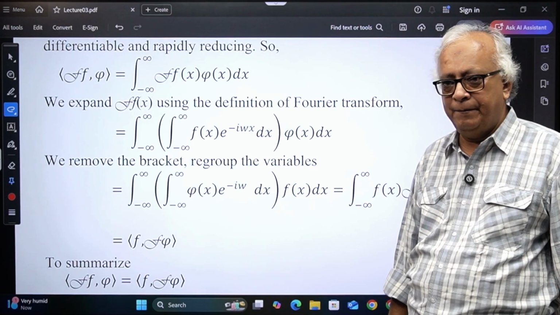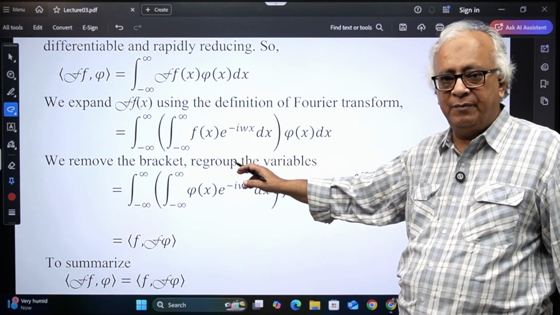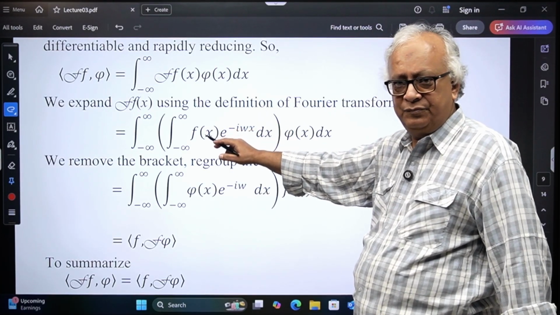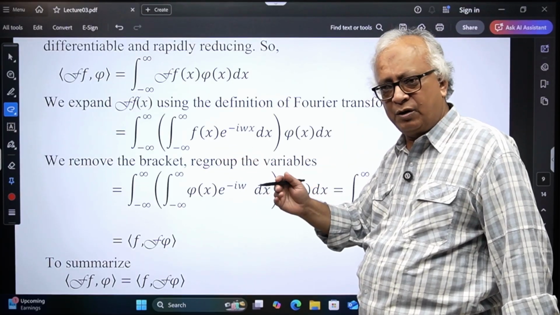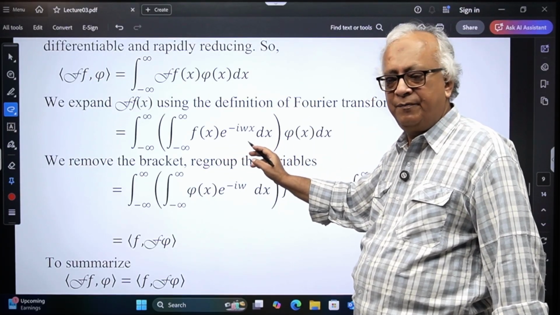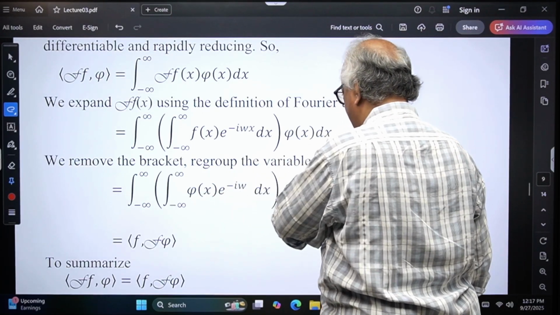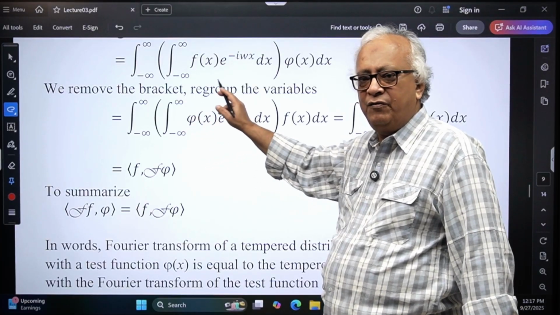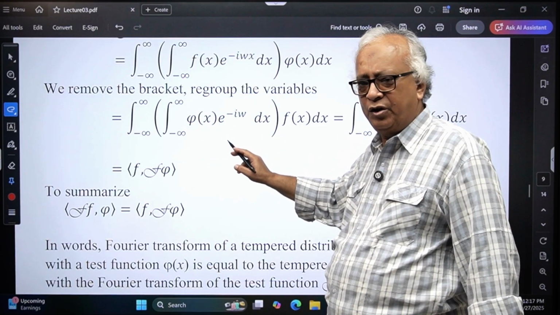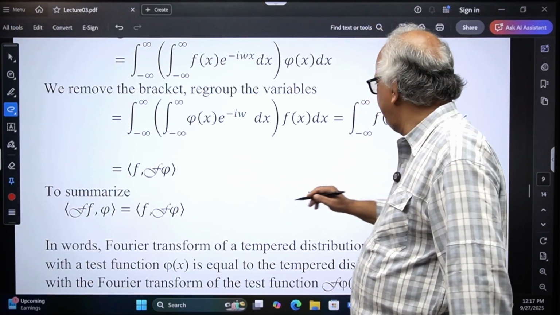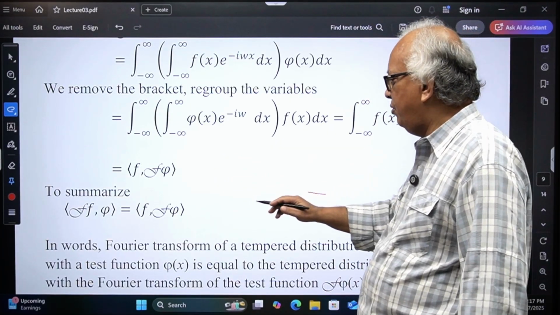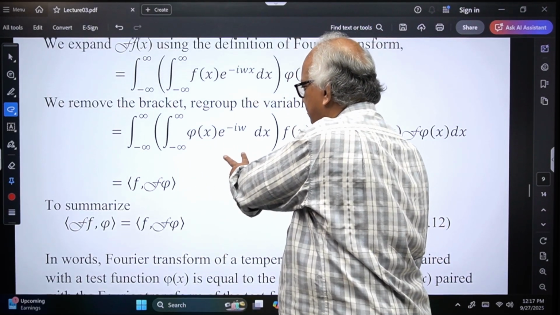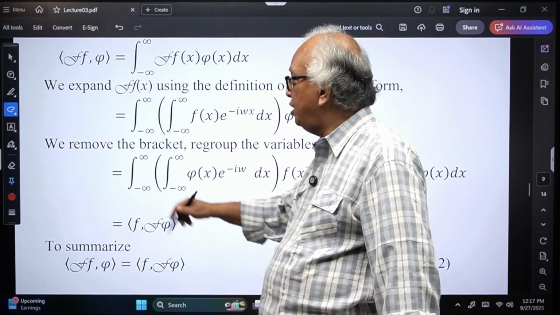নতুন কিছুই কিন্তু আমি আনি নাই, Fourier transform এর ডেফিনেশন ঢুকে দিলাম। এখন আমি কি করব, f x টা বাইরে নিয়ে যাব, phi x টা ভিতরে ঢুকিয়ে দেব। ইন্টিগ্রেশন দুটা করতে পারবো, এই জন্য দুটো x এর উপর ইন্টিগ্রেশন। দেয়ারফর phi x ভিতরে f x বাইরে। এবং যদি খেয়াল করো ভিতরটা কিন্তু Fourier transform of phi x। সো আমি এটাকে এভাবে লিখব, f paired with Fourier transform of phi. আরম্ভ করেছিলাম কোত্থেকে?